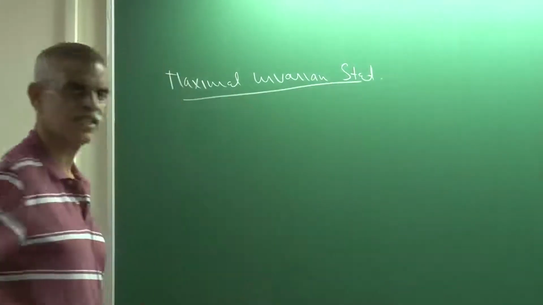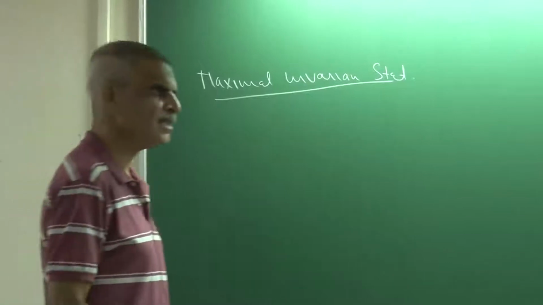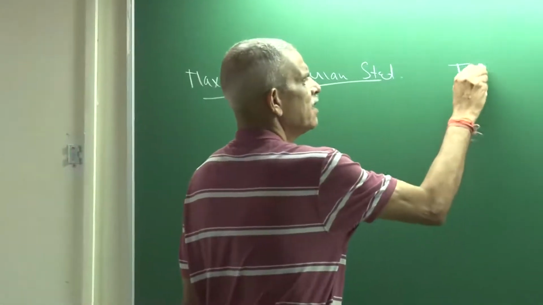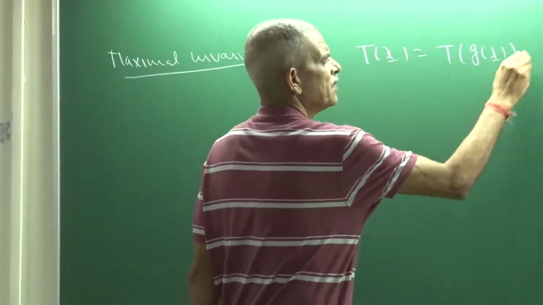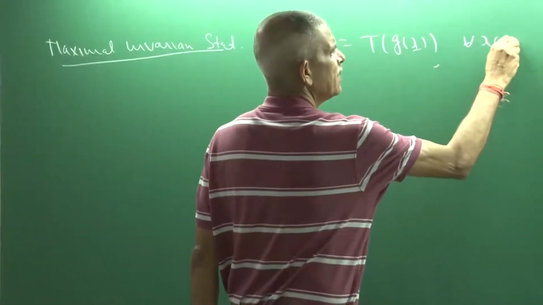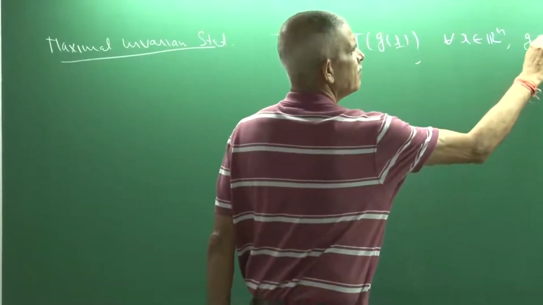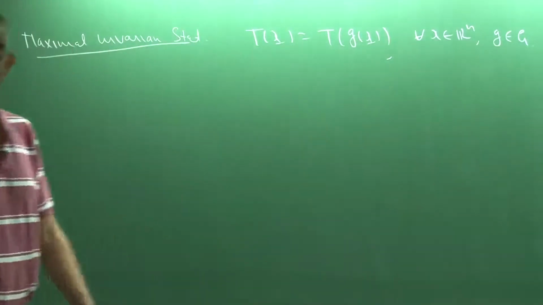And what are the requirements for a maximal invariant statistic? It should be invariant. That means T of x should be the same as T of gx for every x in Rn, and g in G.